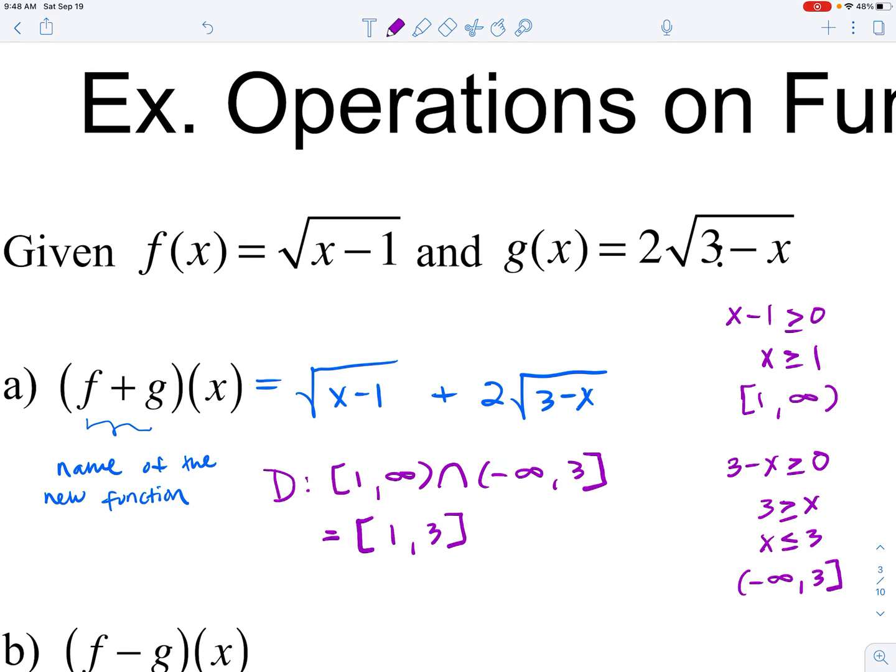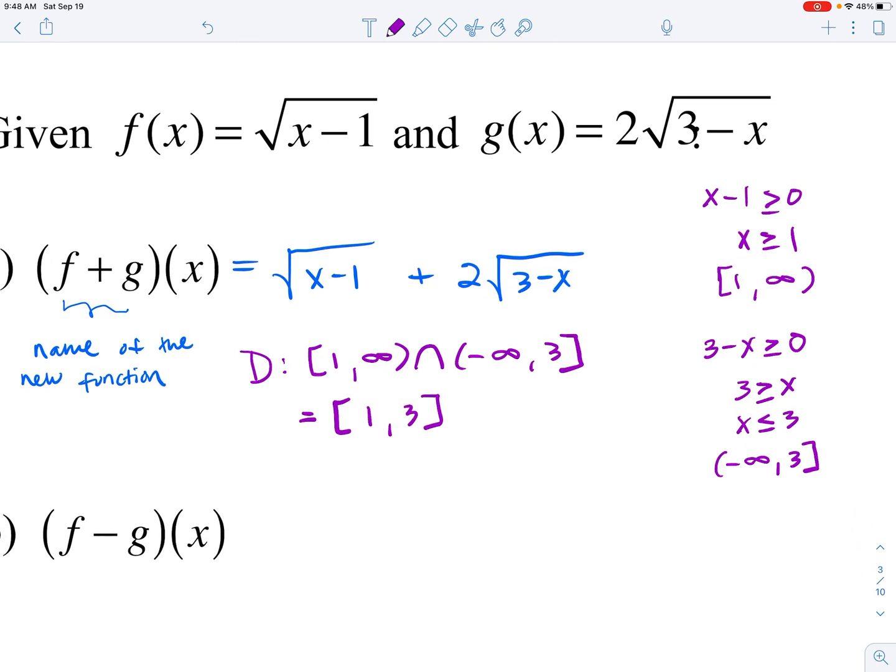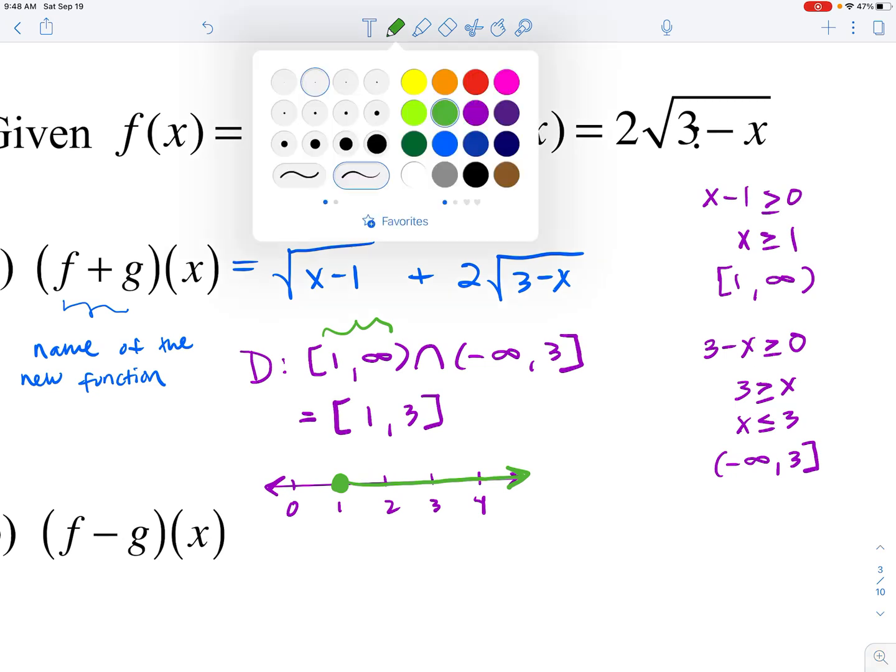If you were to think about graphing each of those intervals on a number line, and then looking at where the intervals overlap, if I put 1, 2, 3, 4, about 0. If I graphed 1 to infinity, that would be a closed circle, and then I would shade in to the right on the number line.